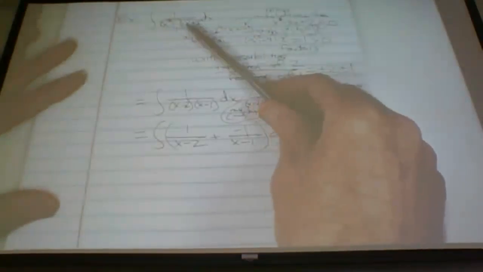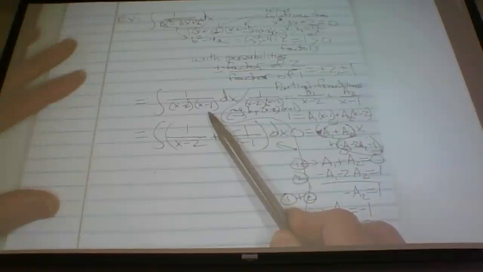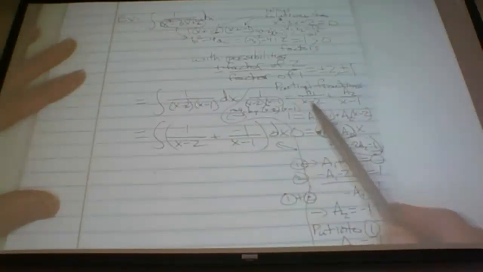So now, what I've done, zoom this back out, is my original integral, 1 over x squared minus 3x plus 2. I factor the denominator so that I know what the partial fractions expansion will be.